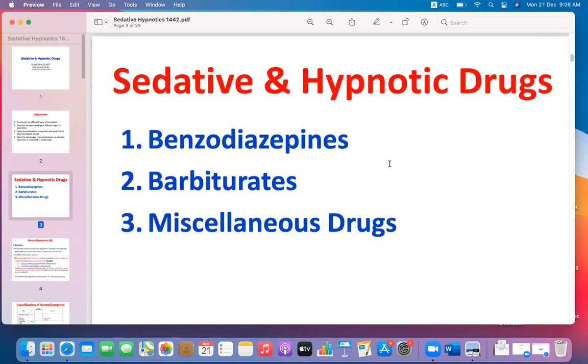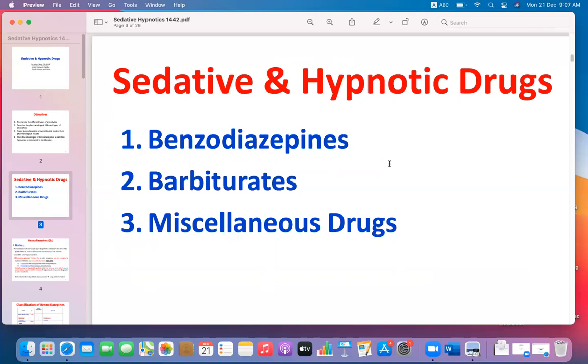The sedative and hypnotic drugs are classified into two main categories: benzodiazepines and barbiturates. Both start with B. Due to their advantages, benzodiazepines are the commonly used sedative hypnotics.